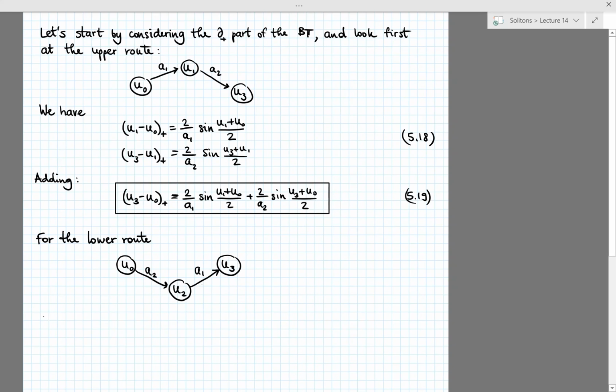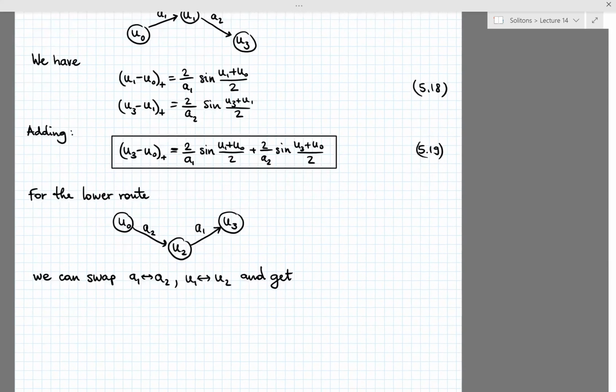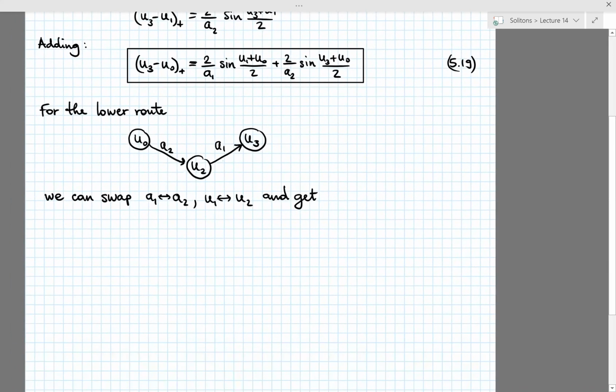So for this root, we can just swap a1 and a2 and u1 and u2 in the previous expression, and we'll get u3 minus u0 plus is equal to 2 over a2 sine of u2 plus u0 over 2 plus 2 over a1 sine of u3 plus u0 over 2.